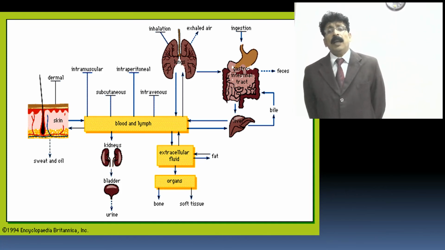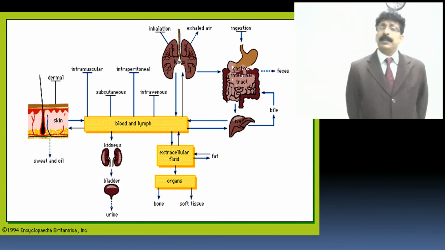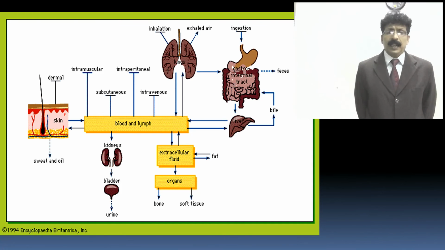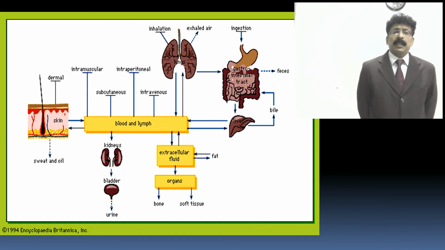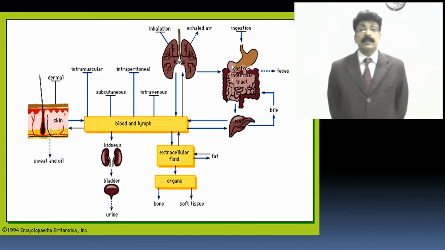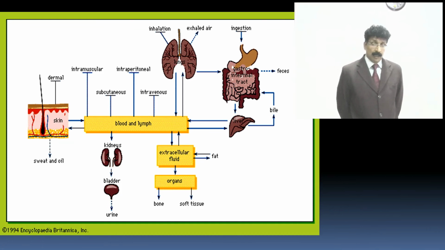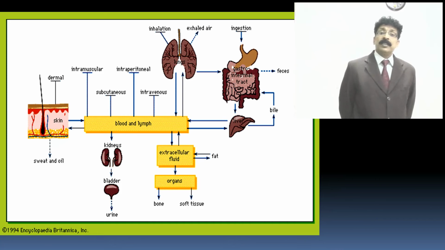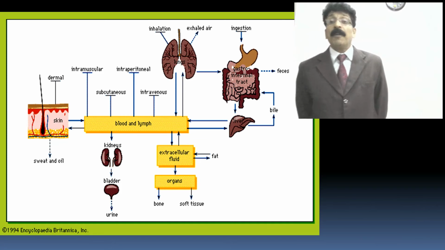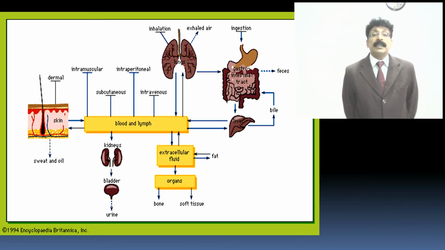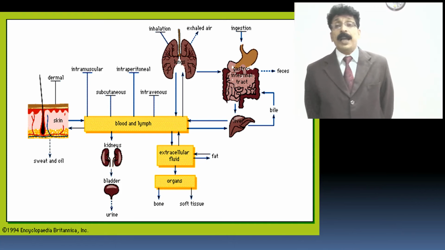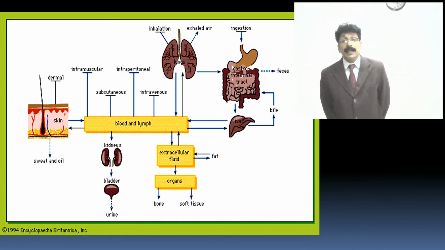Exhaled, excretion can sometimes take place in the same way, and the drug enters the blood and then the extracellular fluid, and organs, sites of action, bones and soft tissues. From the blood you can see it can enter the skin and be excreted through sweat and oil, or it can enter the kidney and urine and be excreted.